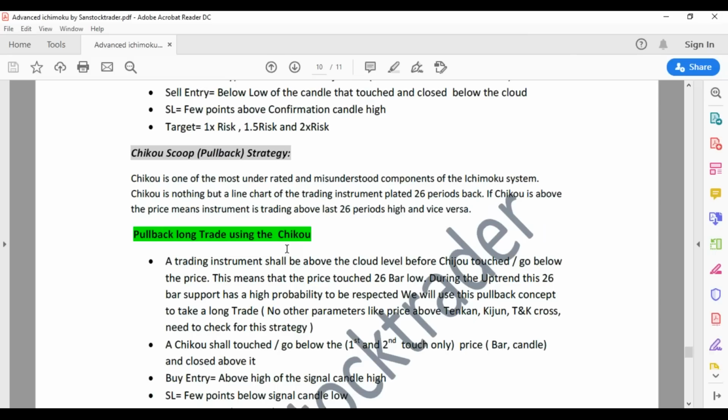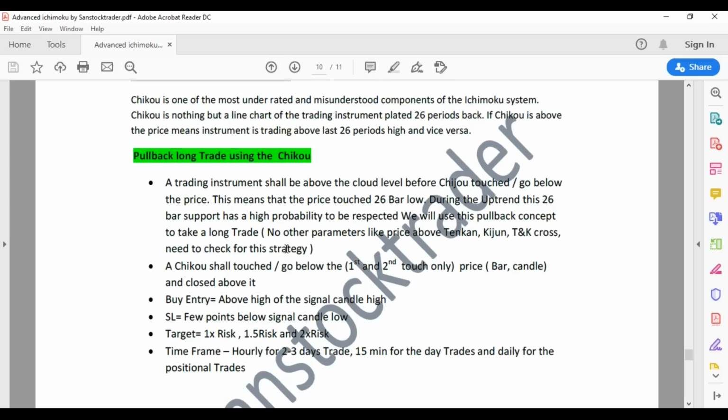If Chikou is above the price, it means the instrument is trading above the 26-period high, and vice versa. In this, a trading instrument shall be above the cloud, pullback long using the Chikou. The instrument shall be above the cloud level before Chikou touches and goes below the price. This means that price touched a 26-bar low during that uptrend.